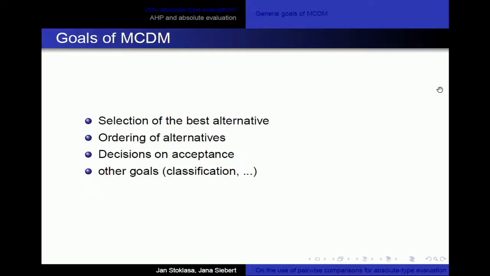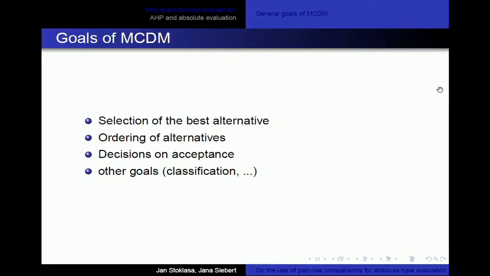If we want to do multiple criteria evaluation or multiple criteria decision making, we have one of four goals in mind. We either want to select the best alternative, or arrive at an ordering, or decide on acceptance or non-acceptance of the alternative, or we can consider multiple criteria evaluation as a first step in classification.